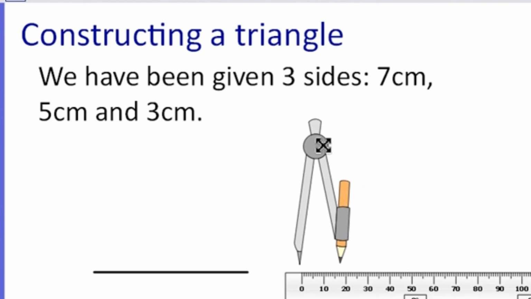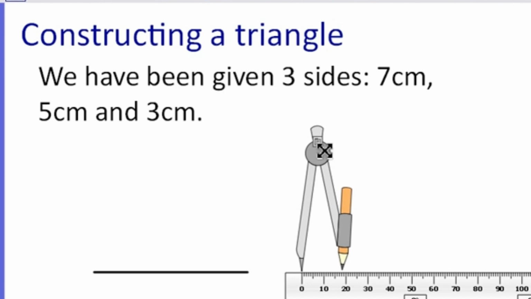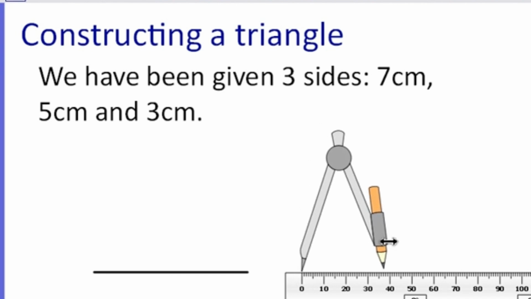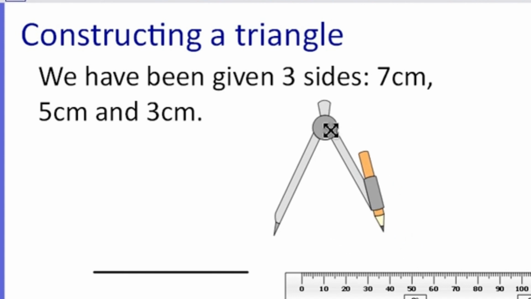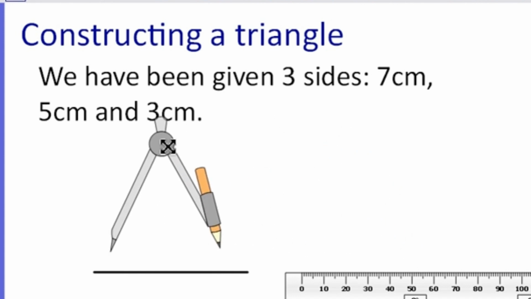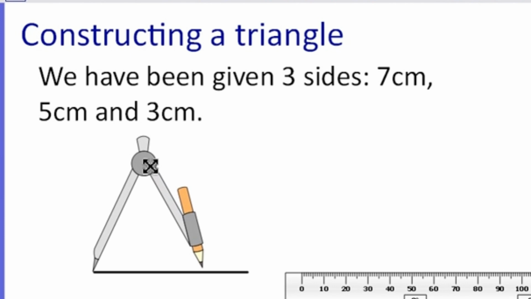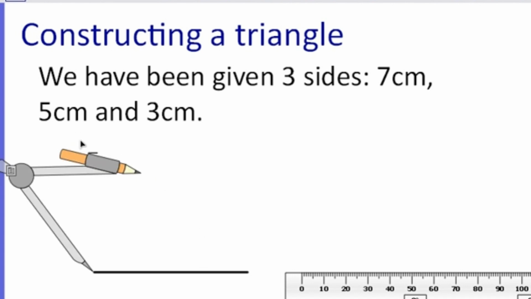So to get a side of 5 centimetres, I'm going to match up my needle with the 0 on my ruler, and then open out my compass to 5 centimetres. I'm then going to move it, being really careful that I don't change the size. I'm going to put the needle at one end of my line, and draw an arc.